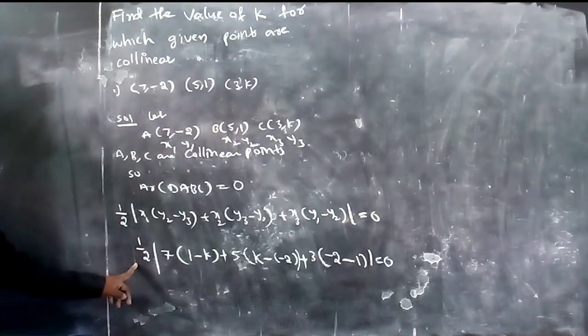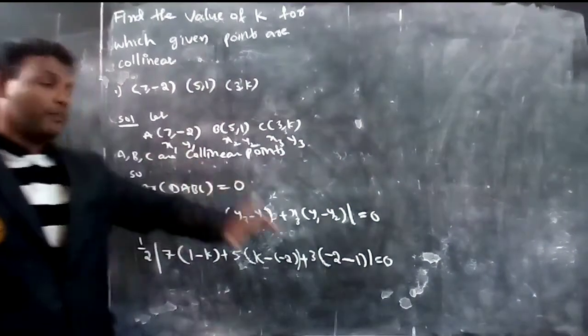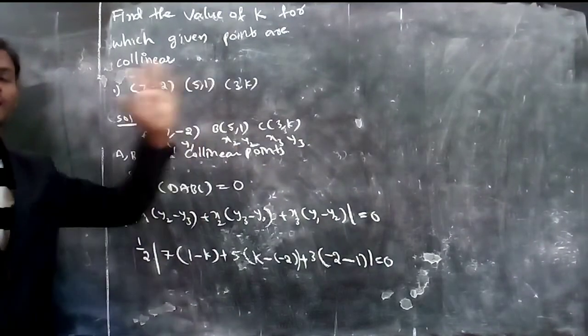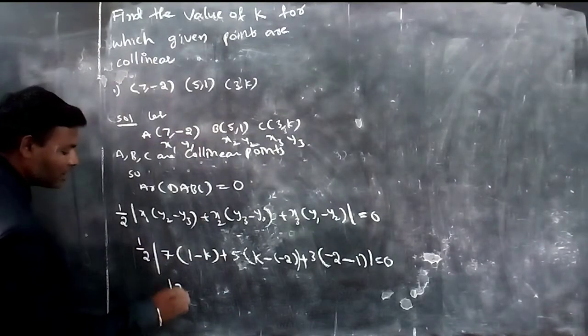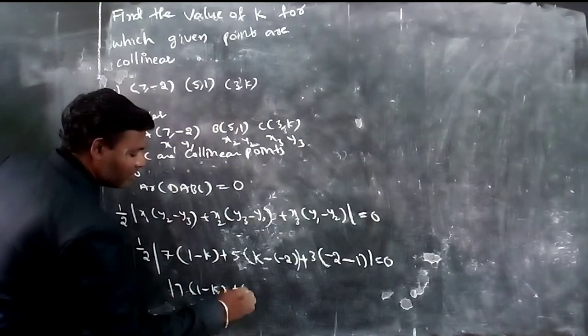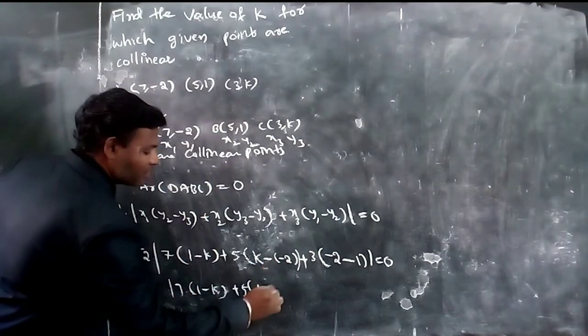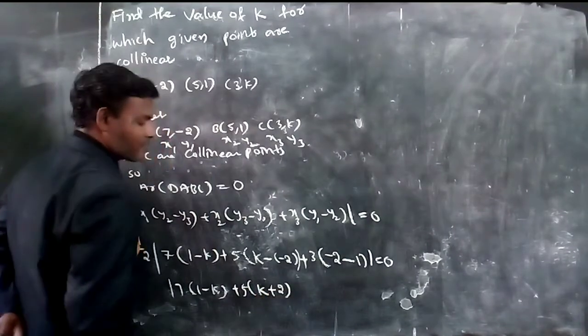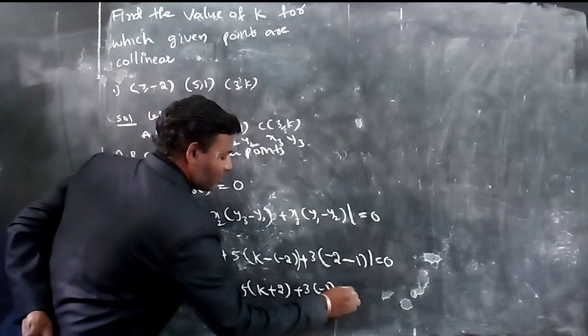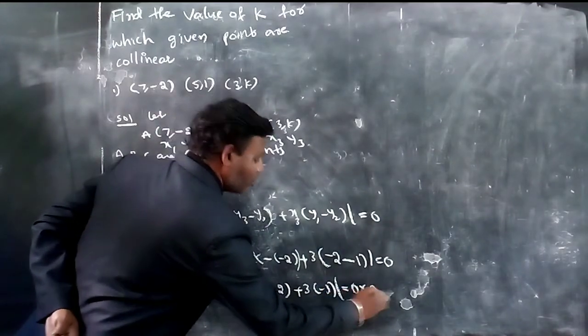Here 2 is in the denominator, so I am transposing it to the other side. Mod 7 into 1 minus k plus 5 into k minus minus 2, plus 3 into minus 3 is equal to 0 into 2.